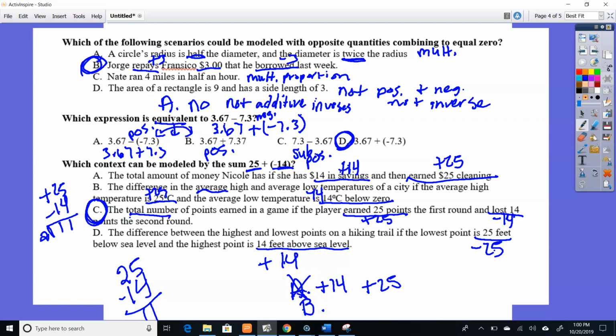B, positive 25 and negative 14, but the word average is what made it not the correct answer, so therefore it was not B. That could be your work if you're not able to write within it like I was.